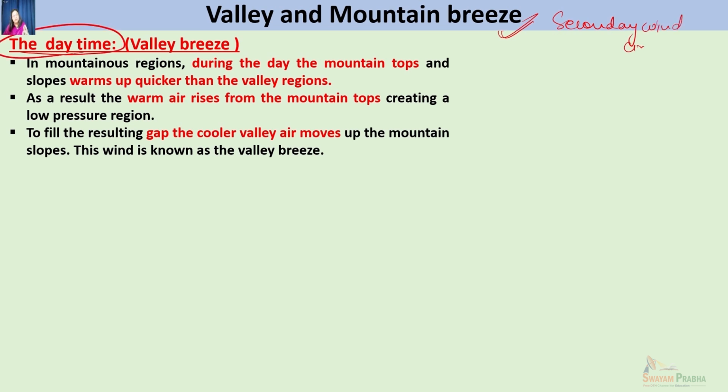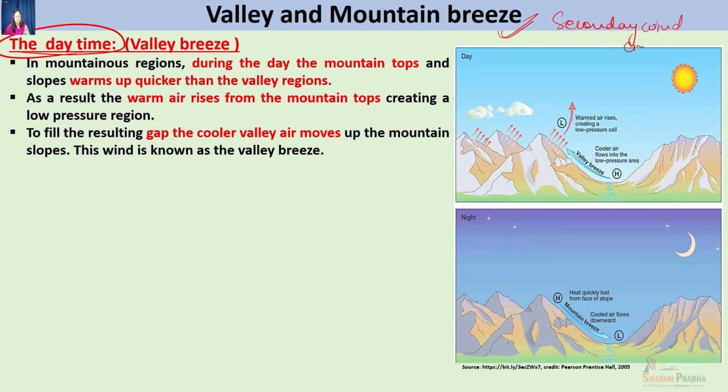Now, these are periodic in nature and they are experienced with different characteristics in different time periods of the day. So during the daytime, you have valley breeze. Now, what do you understand by valley breeze?